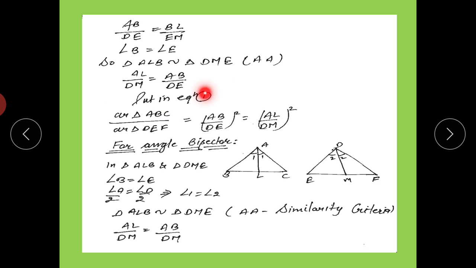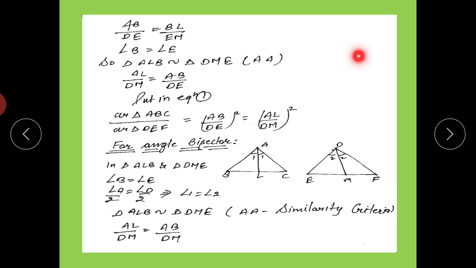If similar, then ratio of sides are equal, then AL upon DM is equal to AB upon DE. Now put this in equation number 1. So area of triangle ABC upon area of triangle DEF is equal to AL upon DM whole square, and AL and DM are the medians. So we can say that it is the ratio of square of medians.